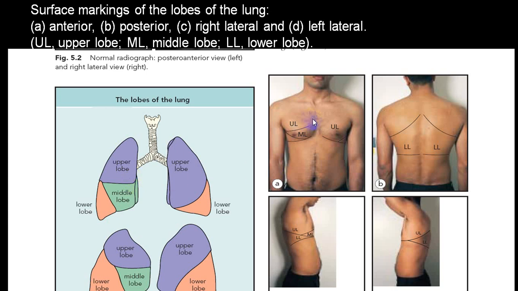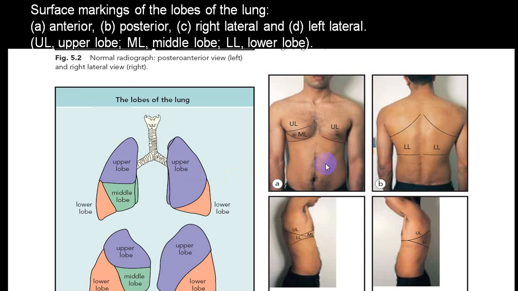Now if you draw the line from Ludwig's angle to the anterior axillary line, this will be the upper lobe, and if you draw another line, that will divide the middle lobe and lower lobe.